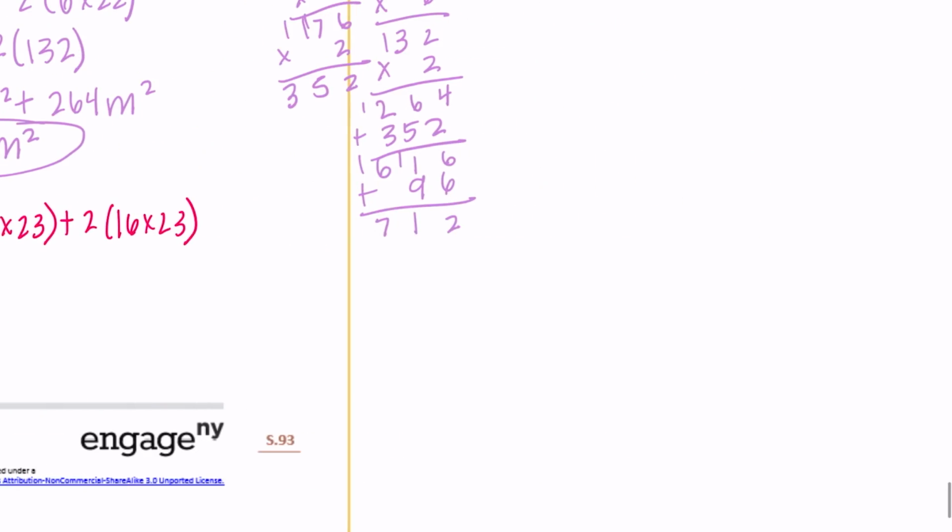Okay, 29 times 16. 6 times 2 is 12, plus 5 is 17. 1 times 9 is 9, 1 times 2 is 2. 7 plus 9 is 16.